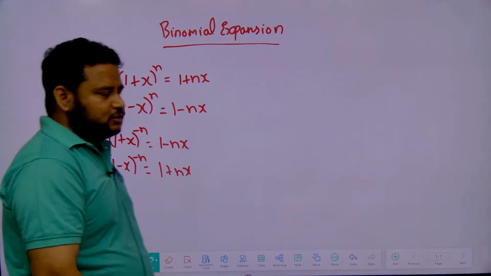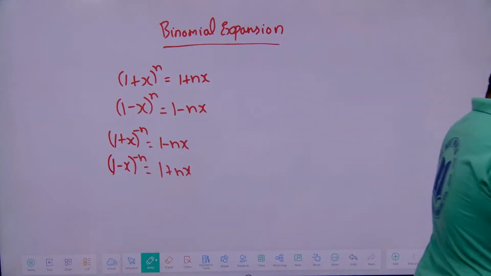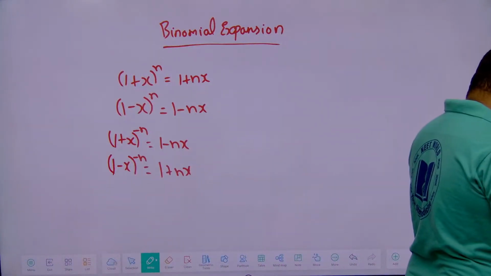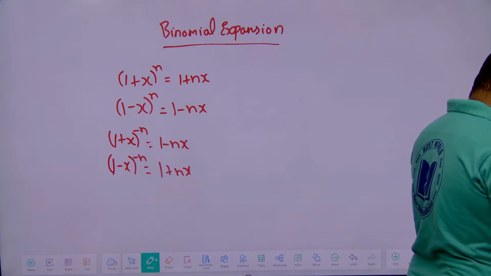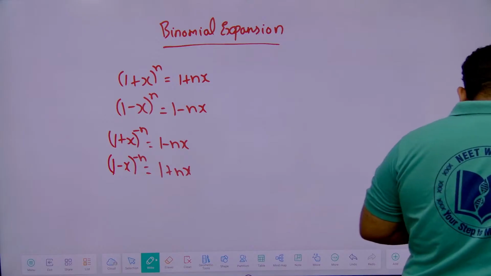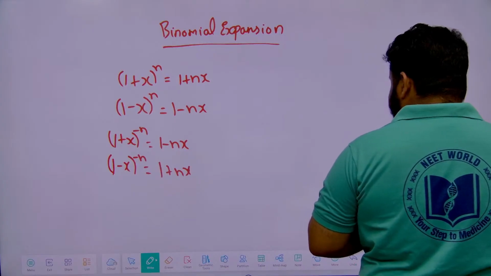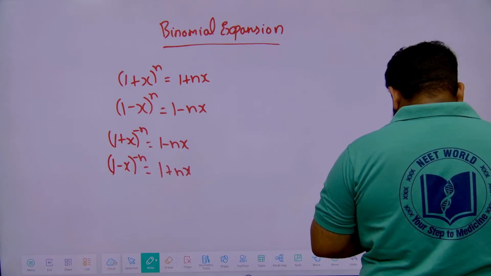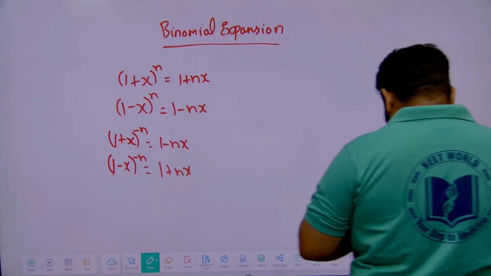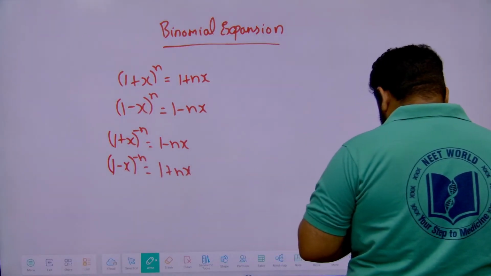Now let us take up a question based on this. Let me check first if I am audible. Let us take up a previous year question which you can solve just by binomial expansion.